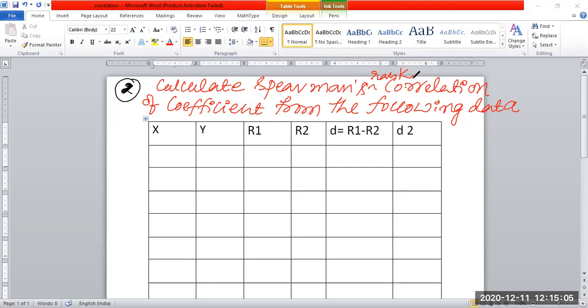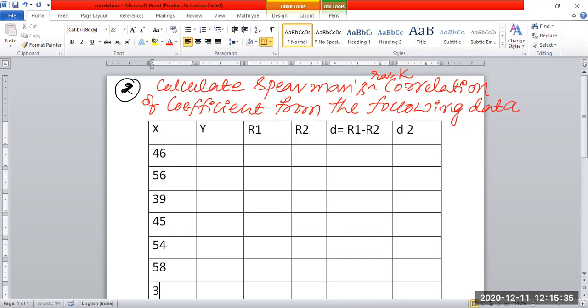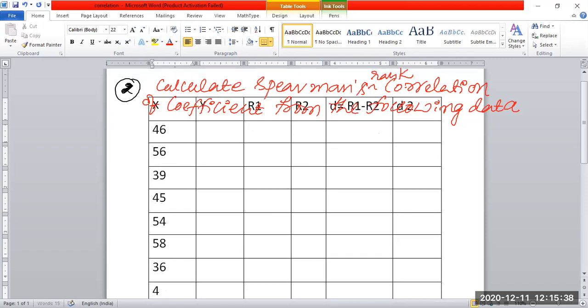The X column here: 46, second 56, 39, 45, 54, 58, 36, 40. Then we go for Y column.